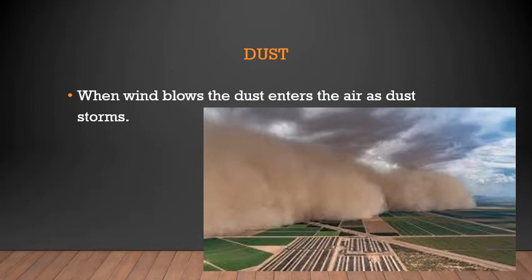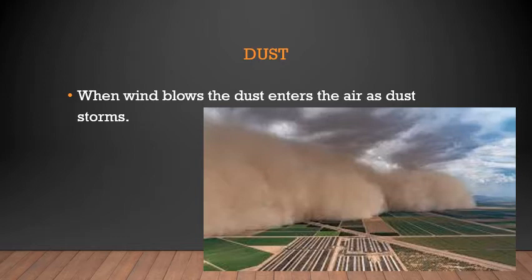When wind blows, the dust enters the air as a dust storm. The picture you can see is a dust storm. It is more common in dry areas like deserts, where there is very little vegetation or none at all. The soil is very dry, and in such places dust storms are very common.